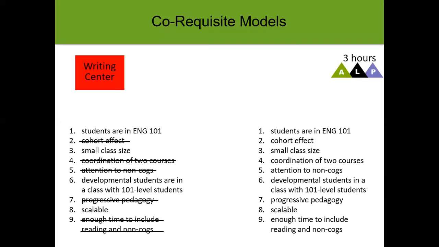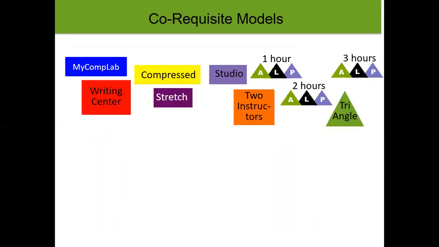Of course, most of our faculty in English didn't either, but that's one of the things we worked hard on in faculty development. The progressive pedagogy that we use in the classroom in ALP isn't possible in a Writing Center. And number 9, if you go to a Writing Center for a 20 or 30-minute appointment, there's not enough time to also address reading, integrated reading and writing, and non-cognitive issues.